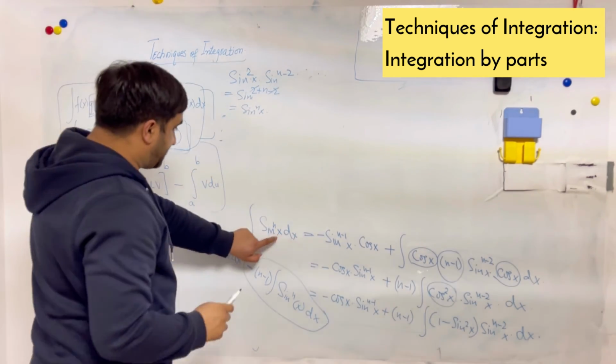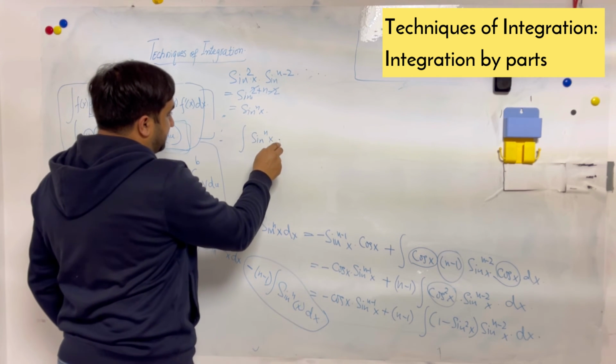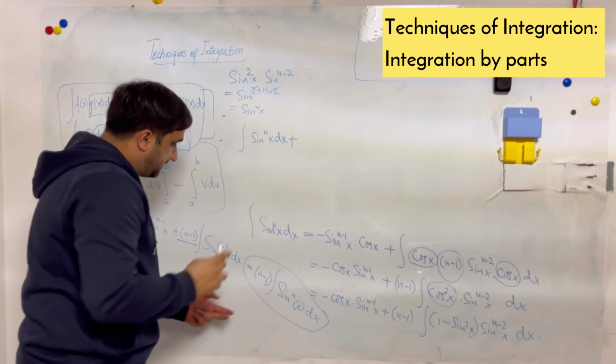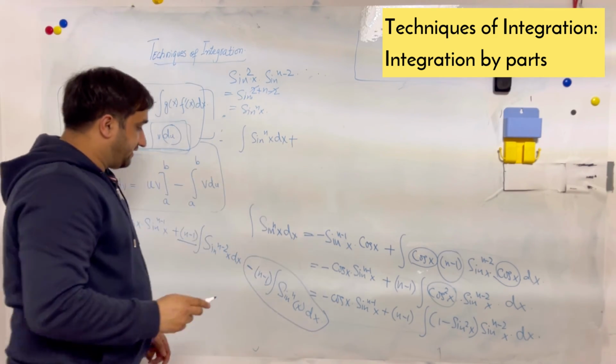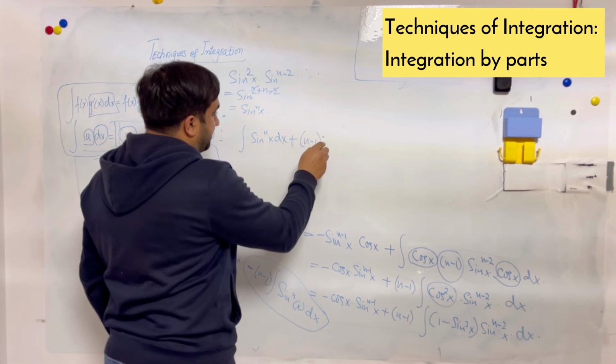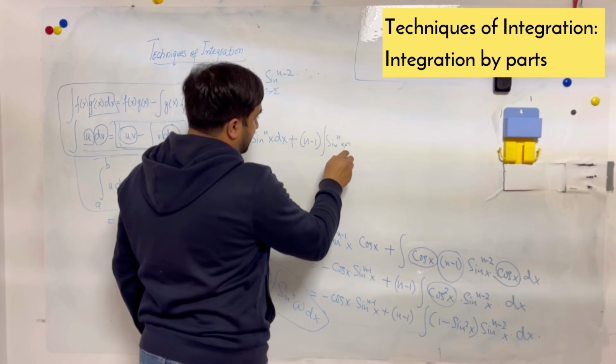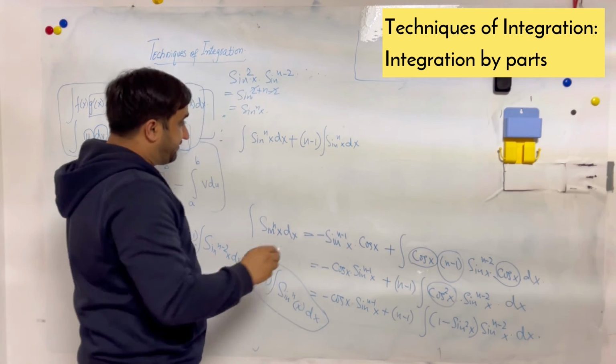So my left side is integral sine raised to the power n x dx plus this expression I'm taking on the left, so negative will become positive. It is n minus 1 integral sine n x dx. This whole thing finished.